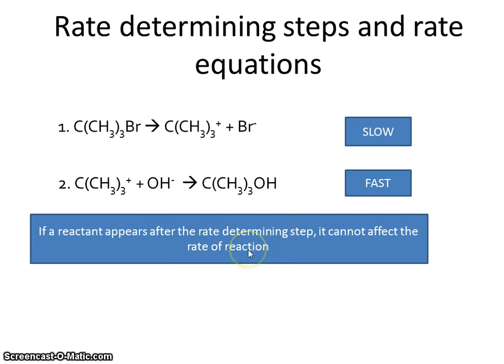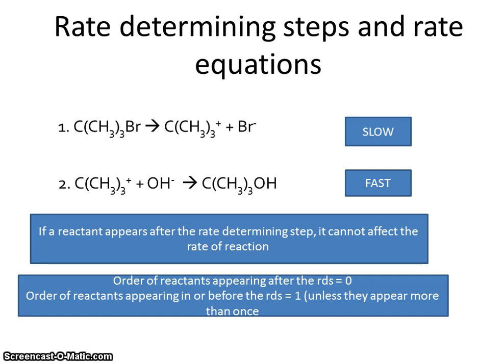It can't affect the rate of reaction. So just pause the video while you think, therefore, what you can conclude about the order with respect to hydroxide ions. Well, the order will be 0 because they don't affect the rate of reaction, whereas any reactant that is involved in the rate determining step will have an order of 1.